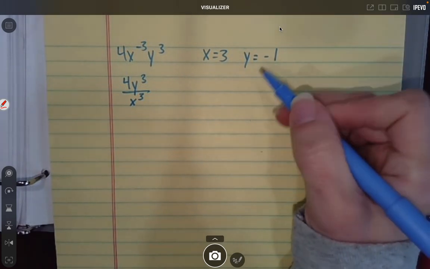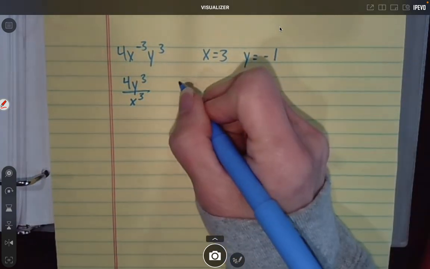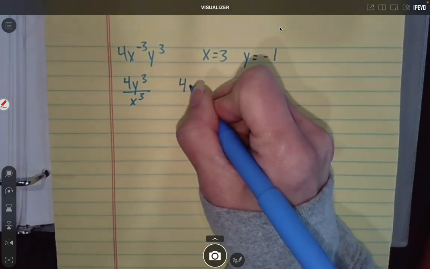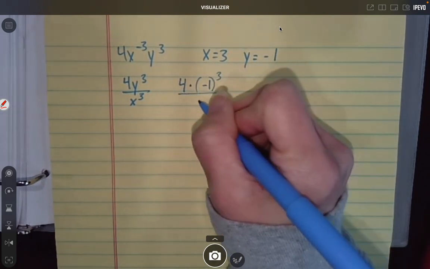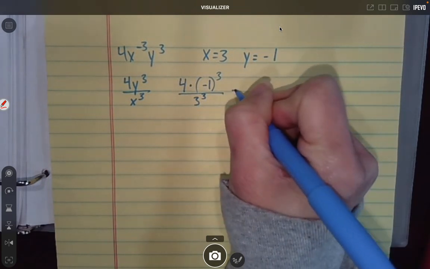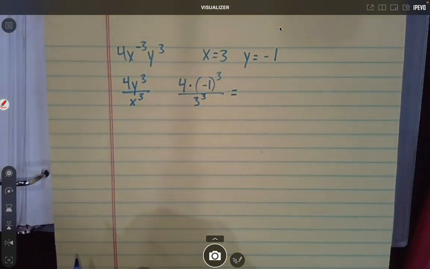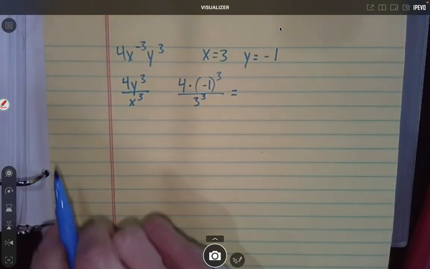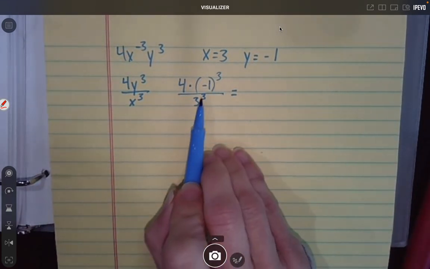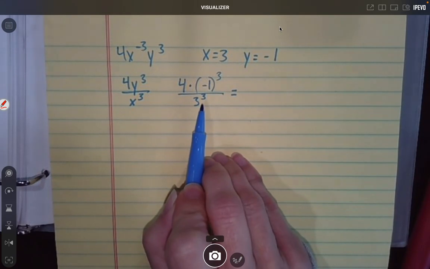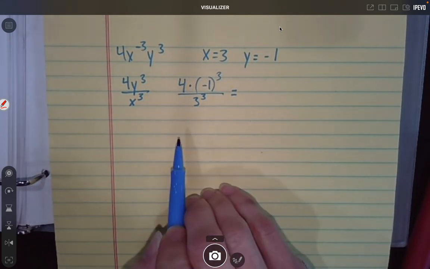So I will leave those 2 and move my x so that it becomes a positive exponent. All right, now we'll plug these numbers in. So I have 4 times negative 1 to the 3rd. And then down here, I have 3 to the 3rd. Is everybody okay with that? I moved my x. And then I just plugged in those 2 numbers. Y was negative 1, x is 3. And then I just have to work them out.